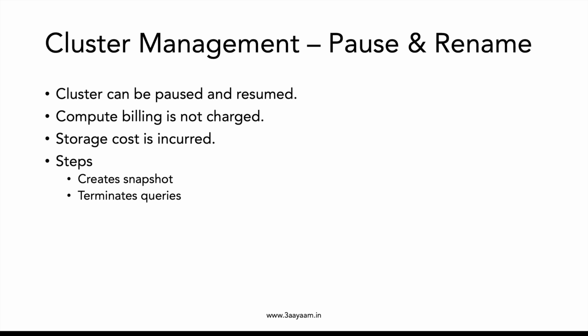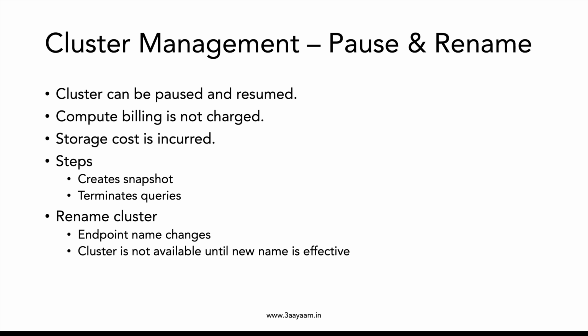The next thing is rename. We have also seen that when you click on the edit button, you can rename a cluster. When you rename the cluster, the endpoint name changes and your cluster will not be available until the new name is effective.